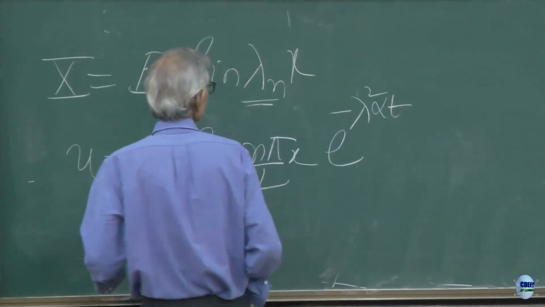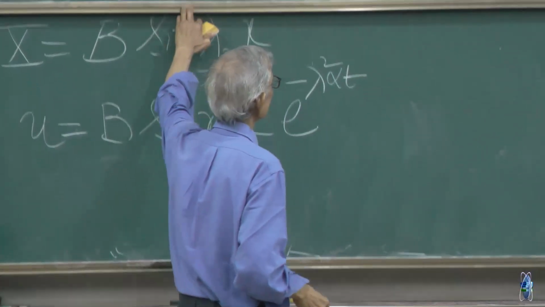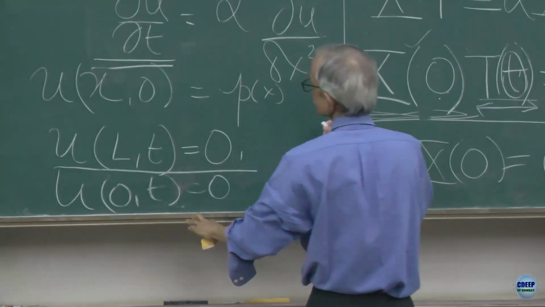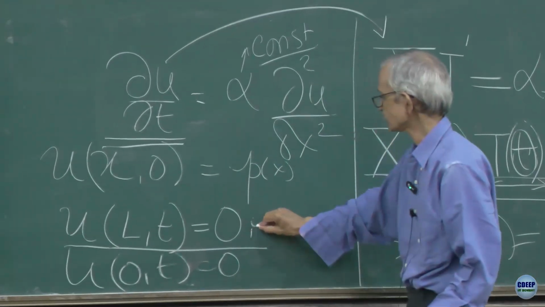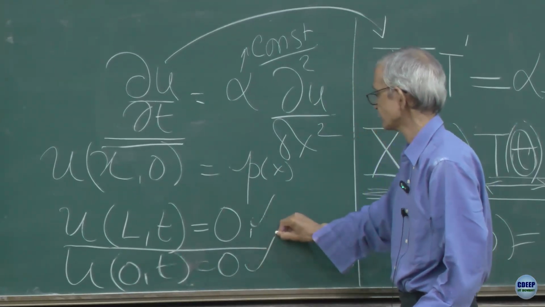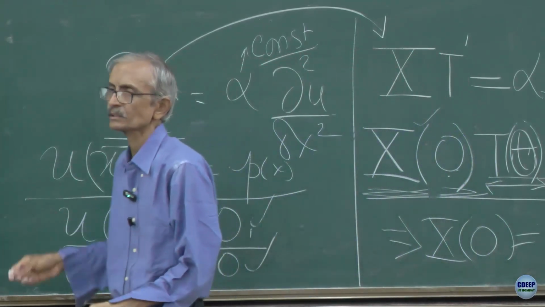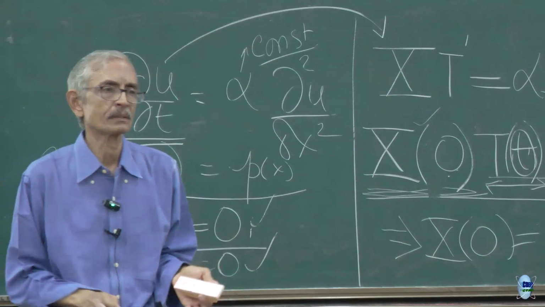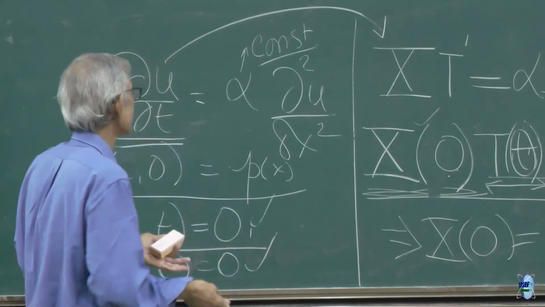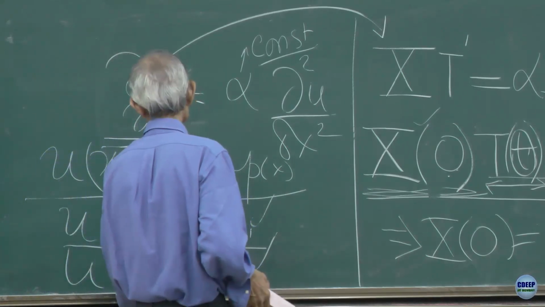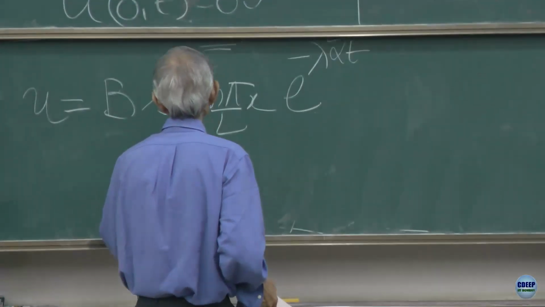So we have used up two conditions. We had used up this condition, we have used up this condition, and now I am left with this condition, and then I am done with my solution. Right? So let us use that condition, which was u.